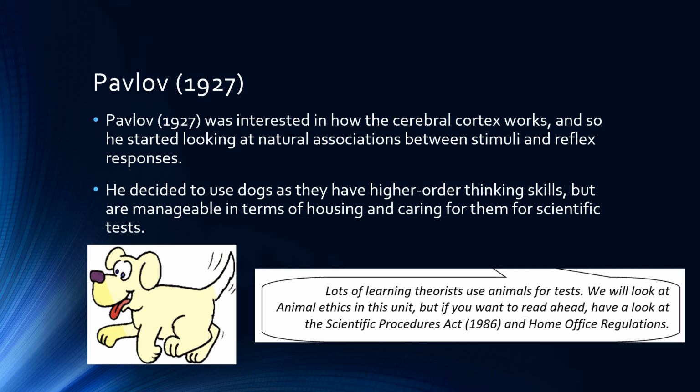And Pavlov was wondering what it was within the cerebral cortex that created those associations to trigger those particular reflex responses. The purpose of using dogs rather than any other animal is that they have what we call higher order thinking skills. Dogs are an animal that can be trained quite easily. They can be led into understanding associations. You can teach a dog to sit, although I can't teach Daisy to sit.